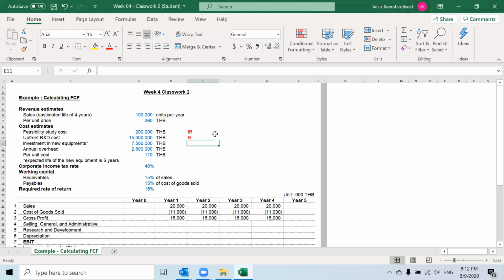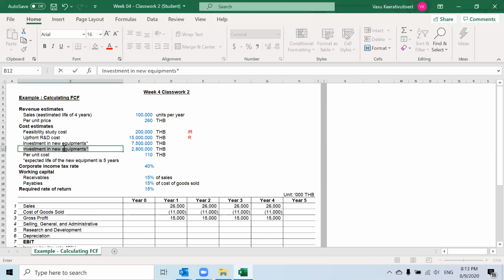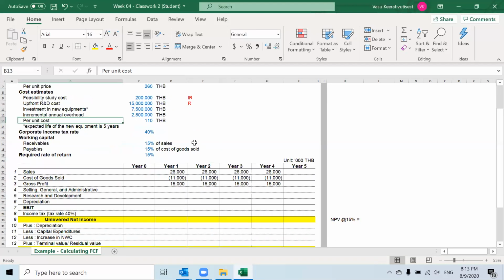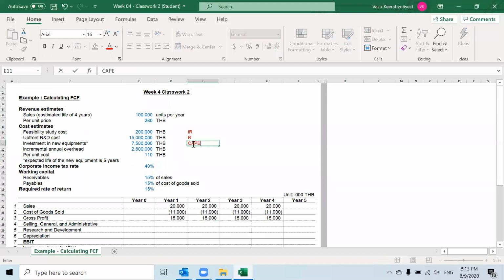Let me have a look in the case. We also have an incremental annual overhead. Investment in new equipment here is the capital expenditure. And the incremental annual overhead is a relevant cost.